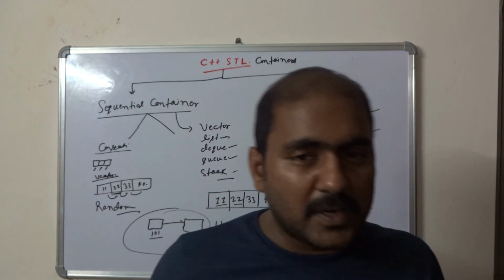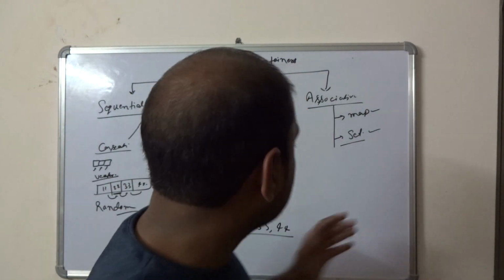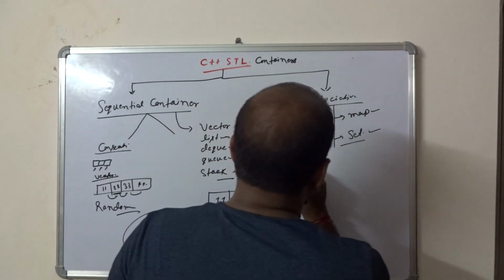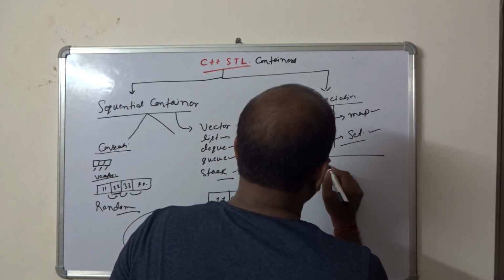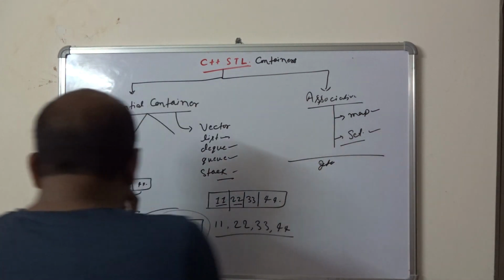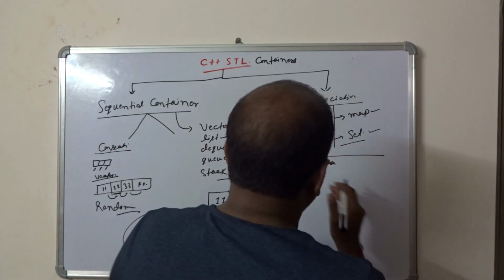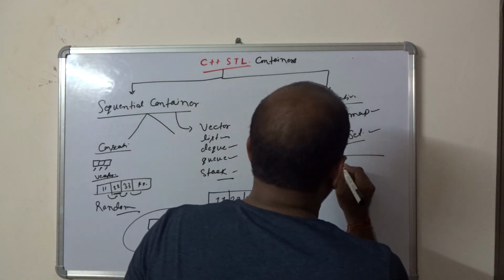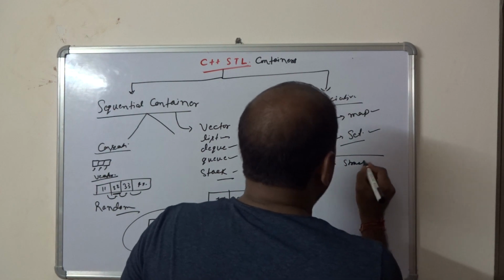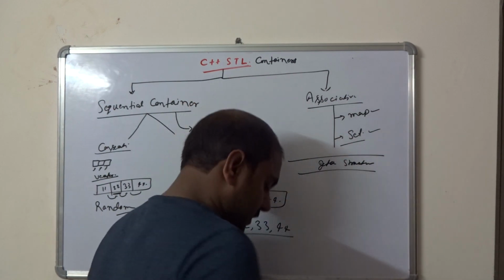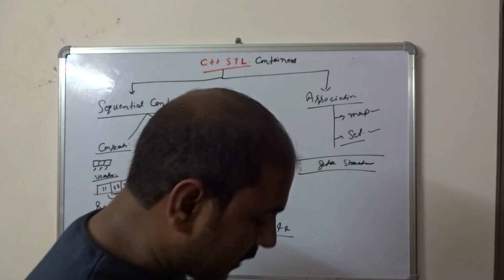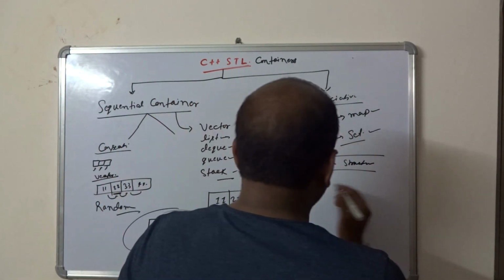So before moving to the properties of map and set, we will first discuss a little bit about data structures. As we know, we have multiple data structures.